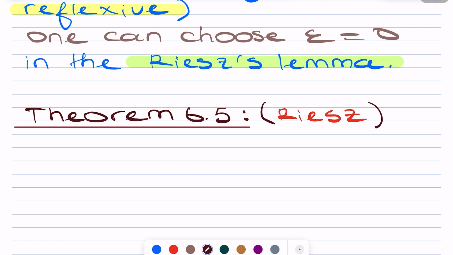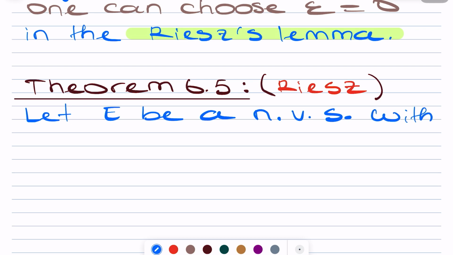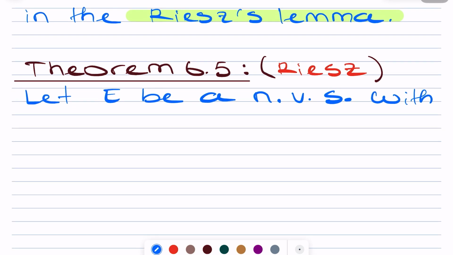Okay, so the Riesz theorem says: let E be once again a normed vector space, with the closed unit ball in E being compact.